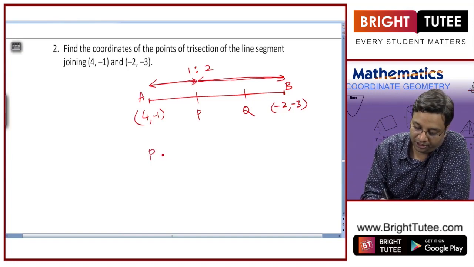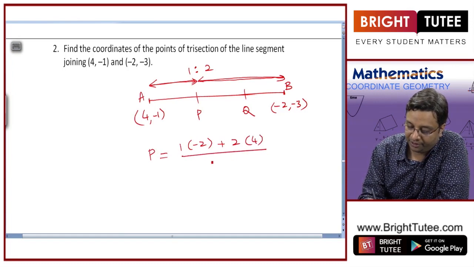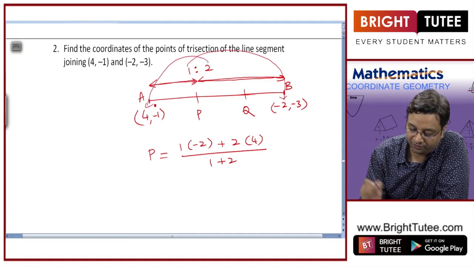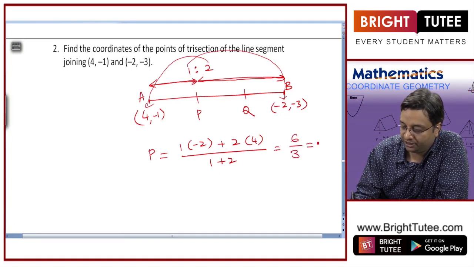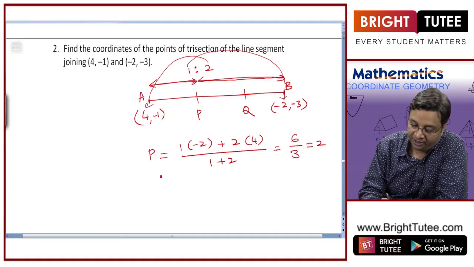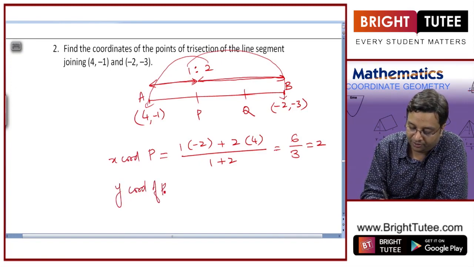So what will be the coordinates of P? 1 into -2 plus 2 into 4 divided by 1 plus 2. This 1 is multiplied by this and 2 by this 4, right? So this will give me 8 minus 2, 6 divided by 3, which is 2, right? So this is the x coordinate of P. What will be the y coordinate of P?